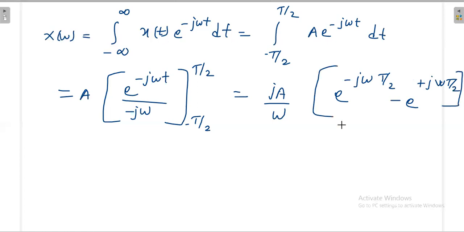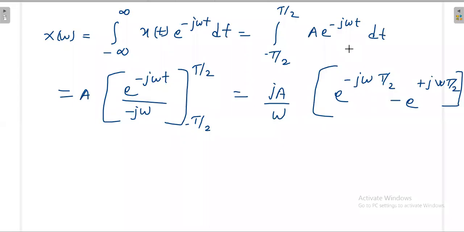So what will be this value? This will be minus 2j sine omega T by 2. Something is wrong. So this is jA divided by omega, and this is minus 2j sine omega T by 2.